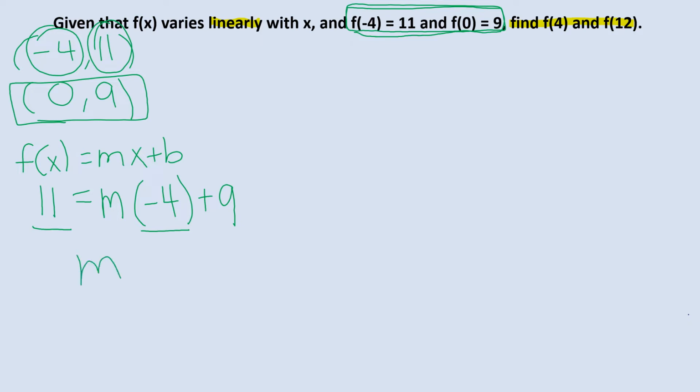Whenever you solve this out, you're going to get m equals -1/2, which is the slope. And since we have the slope and the y-intercept, now we do have our equation, which is going to be f of x equals -1/2 x plus 9.